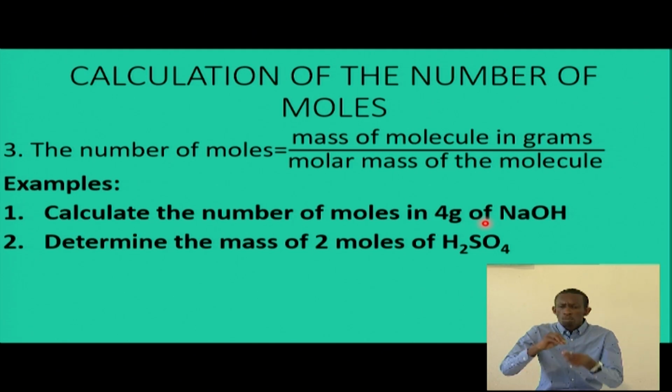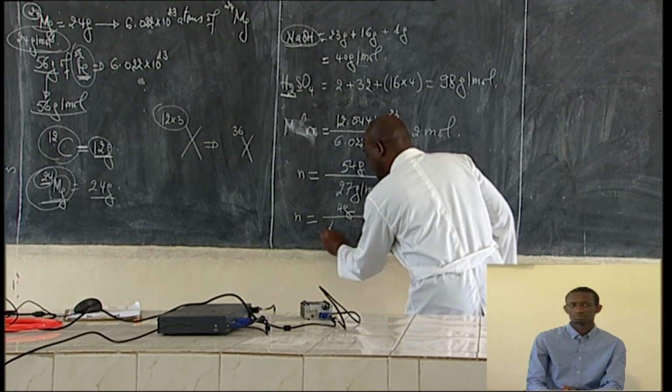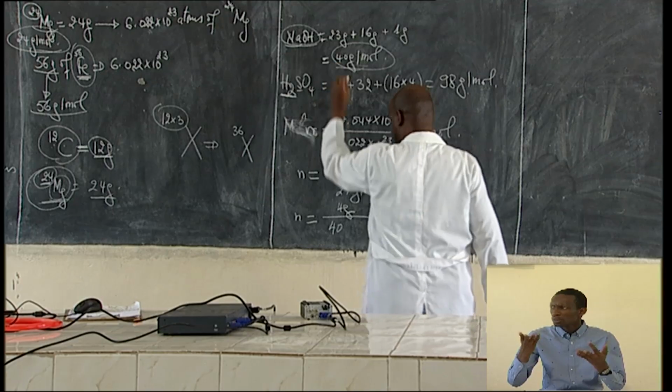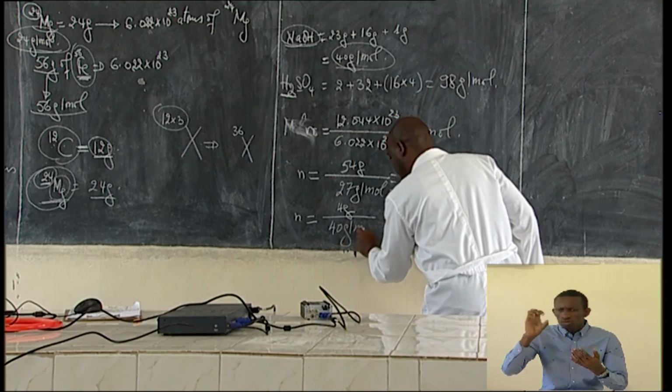Calculate the number of moles in 4 grams of sodium hydroxide. Number of moles when you use 4 grams, so it is 4 grams over the molar mass. Molar mass for sodium hydroxide, it is 40 grams per mole.